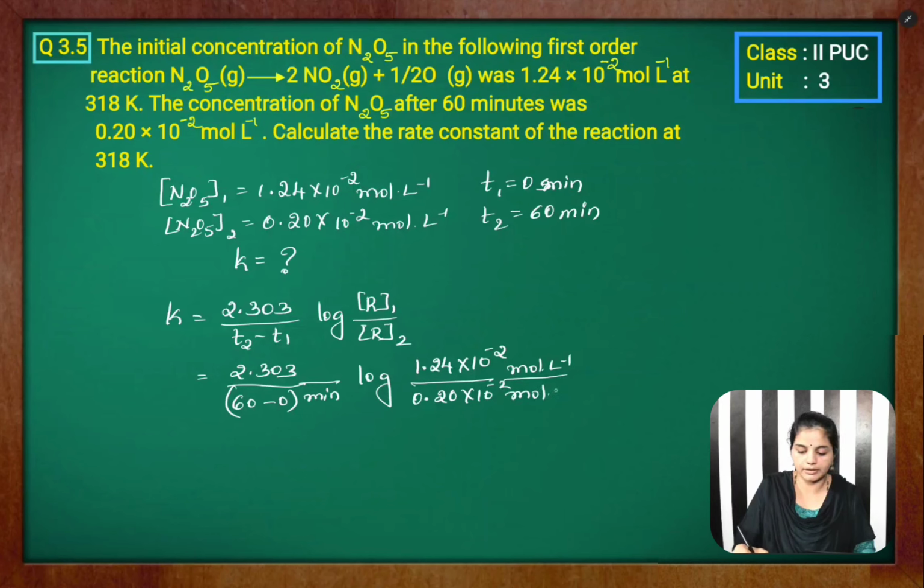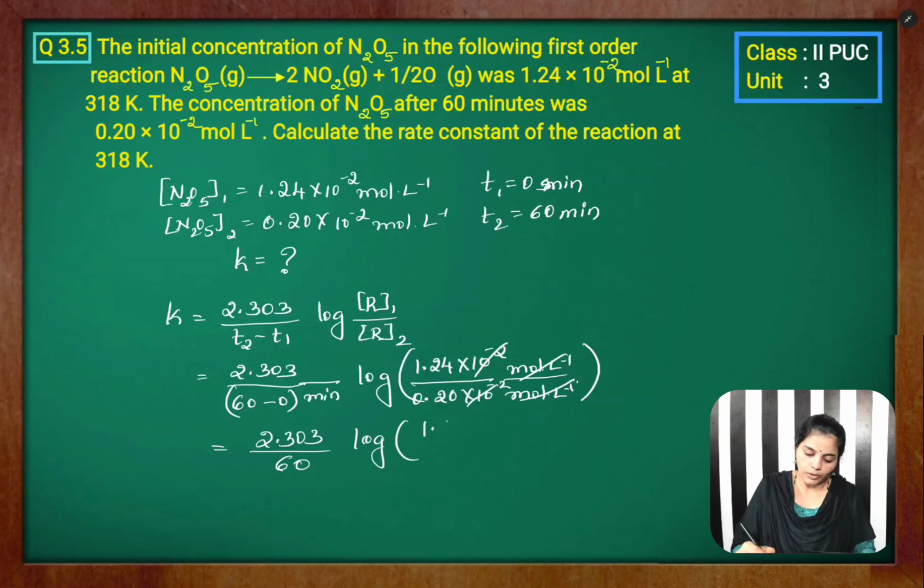In both numerator and denominator the units get cancelled with one another, 10 to the power minus 2 also gets cancelled. So it's 2.303 divided by 60 log of 1.24 divided by 0.20. The unit is minute inverse.